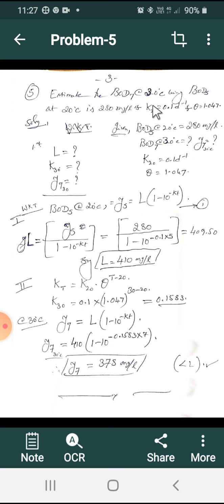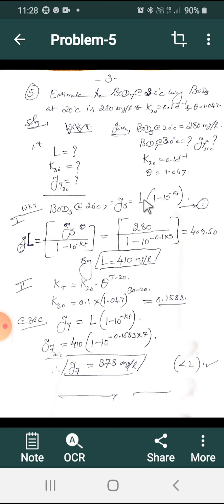All the values are given. Now let us start one by one. The steps should be known to you. First, L is equal to question mark, then you have to determine the K value, and then the Y value. There are two parameters: one at 20 degrees, another at 30 degrees. Now we have the equation Y5 is equal to L into (1 minus 10 to the power of minus Kt).